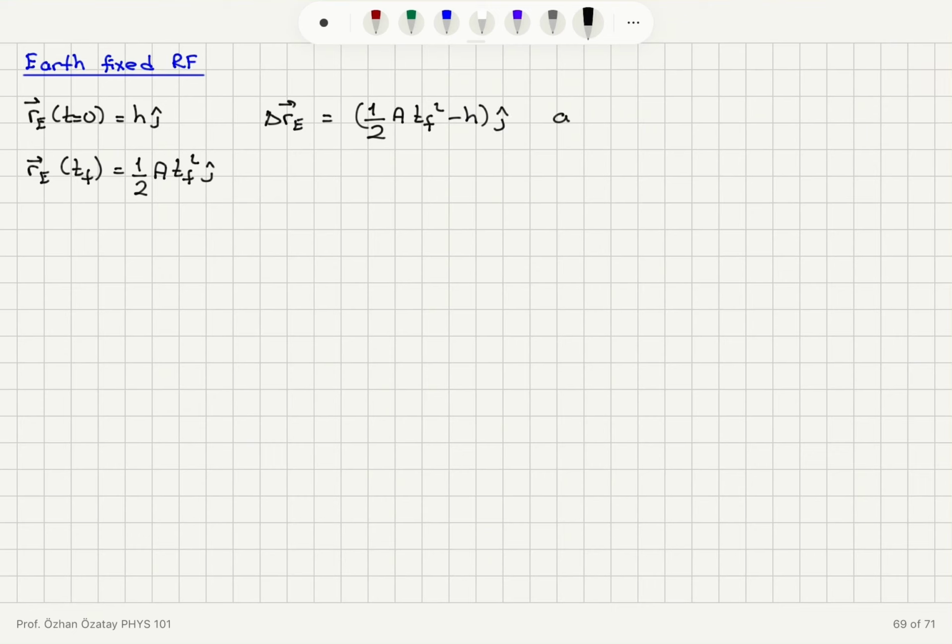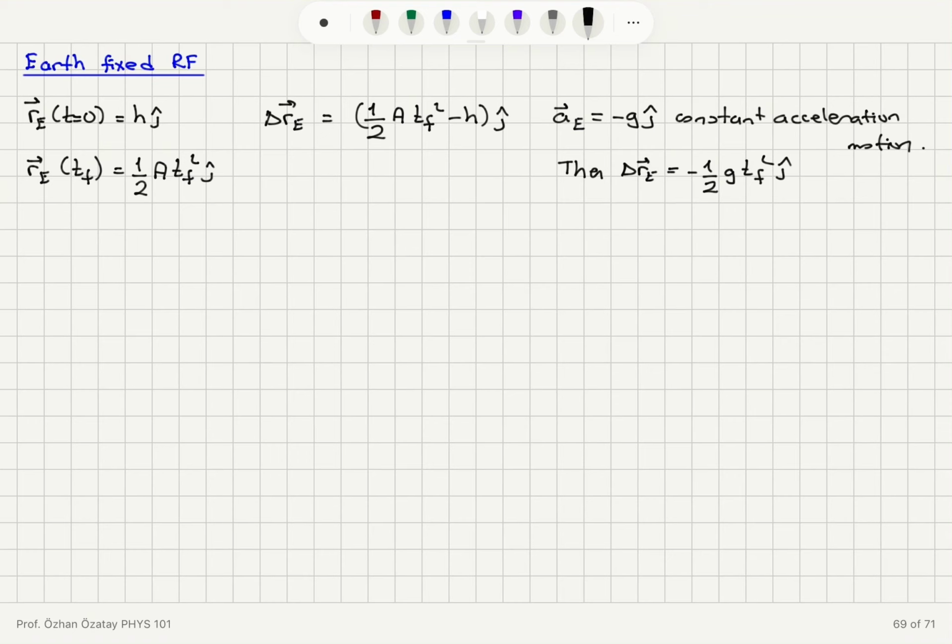The acceleration in the Earth reference frame is minus g j hat. So we can see that this is also constant acceleration motion in this reference frame. And then we can see that the displacement we have, delta RE, will be equal to minus 1 over 2 g t final squared j hat. It's the integral of acceleration with respect to time twice from 0 to t final.